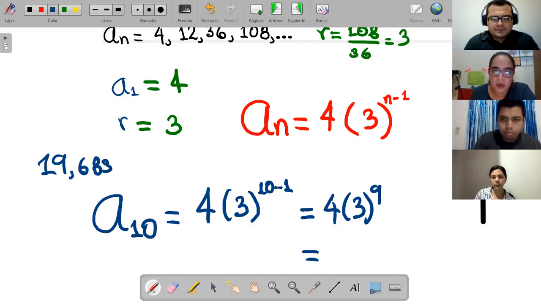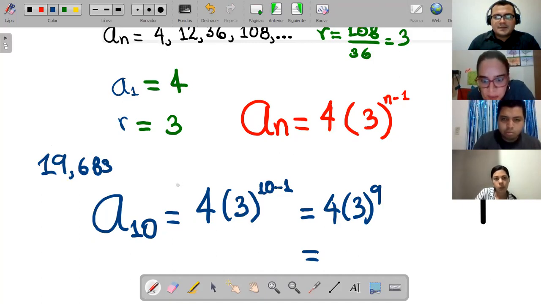With the exponent, 3 to the exponent of 9. And then it's missing to multiply it by 4, I think, or not? Did you multiply by 4, Jenny? No, not yet. Okay, sorry.